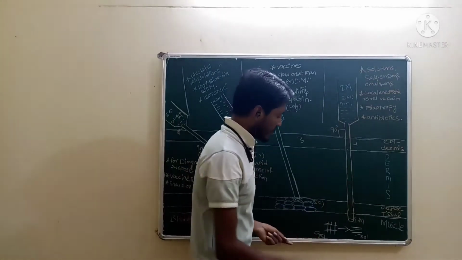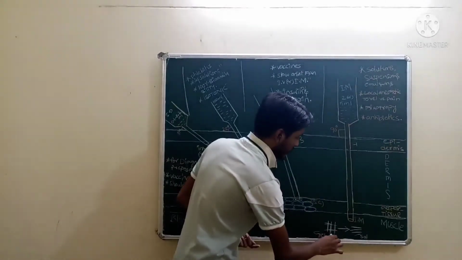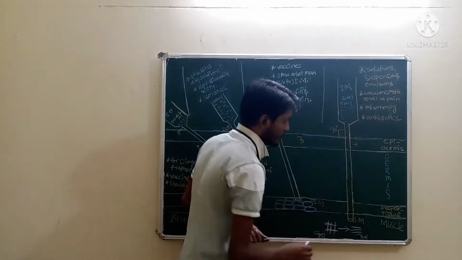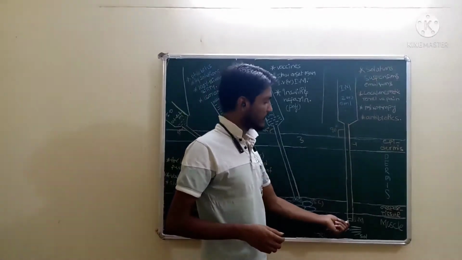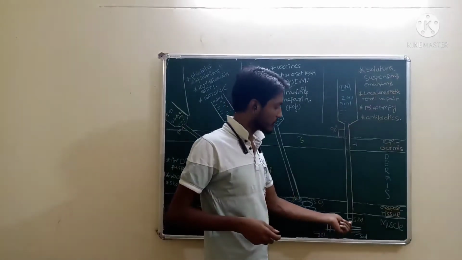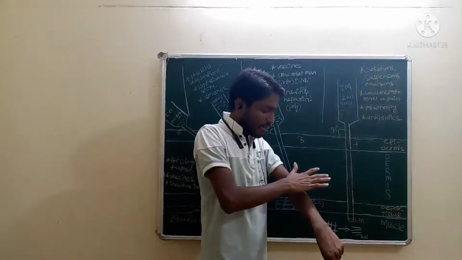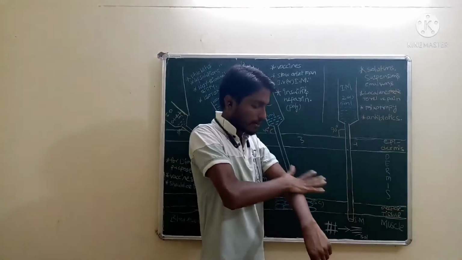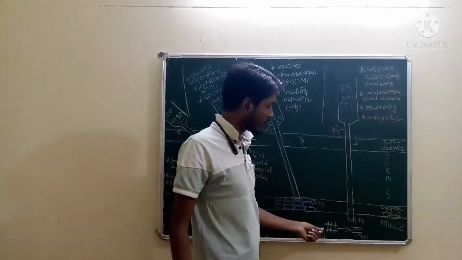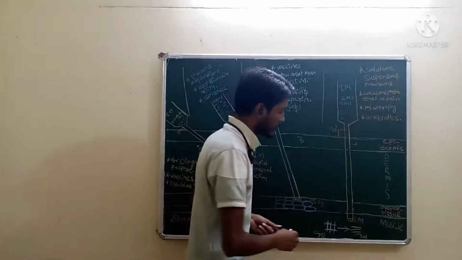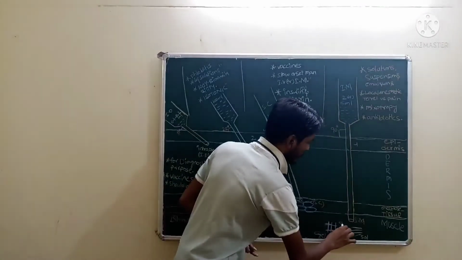Initially, cross links are there, so it is in gel form. When we inject the dosage form and it enters the muscle, you can rub the muscle. Once you rub the muscle, you are applying some stress or shear.